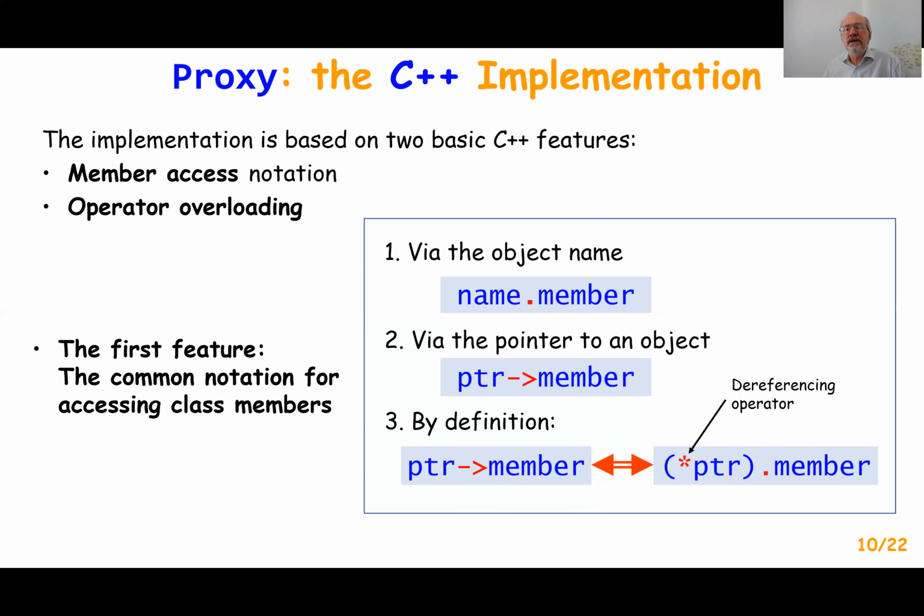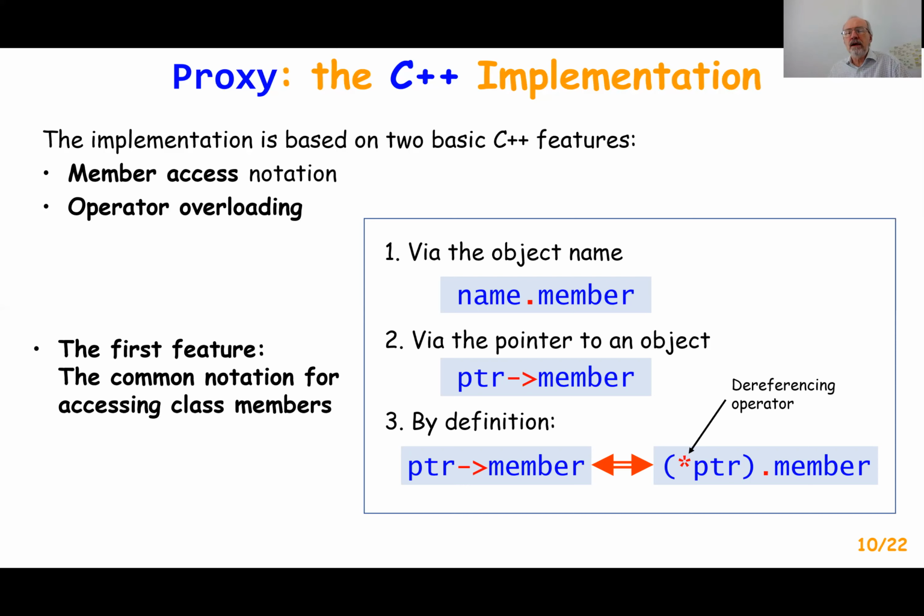Depending on these two things, name of the object or pointer to the object, we use either dot notation or arrow notation. Well, I don't need to repeat it again for you. I expect that you understand that quite well. This is syntactical notation. Again, we use either dot or arrow to get access to class instance members.